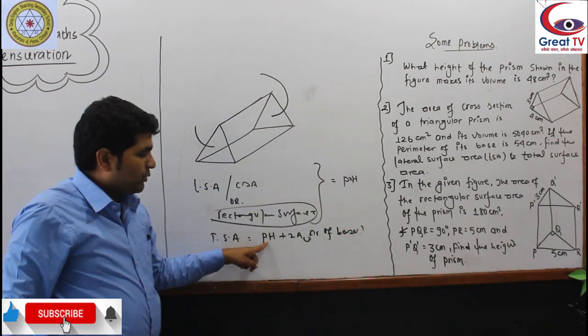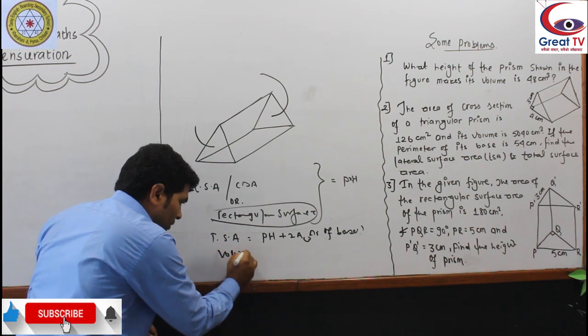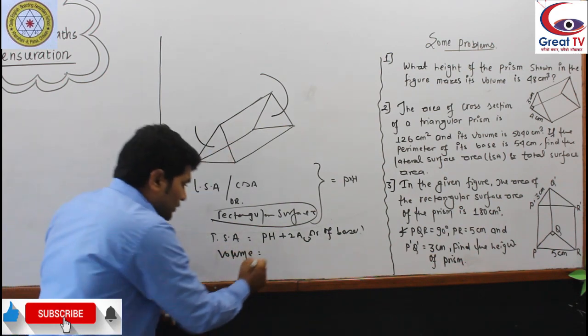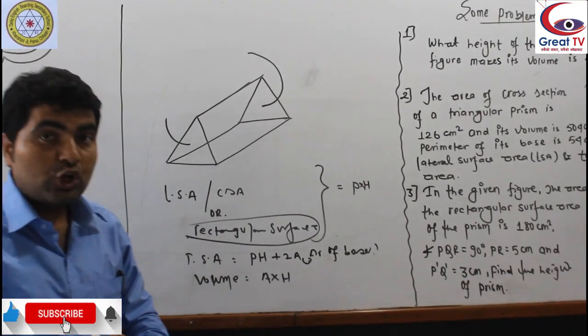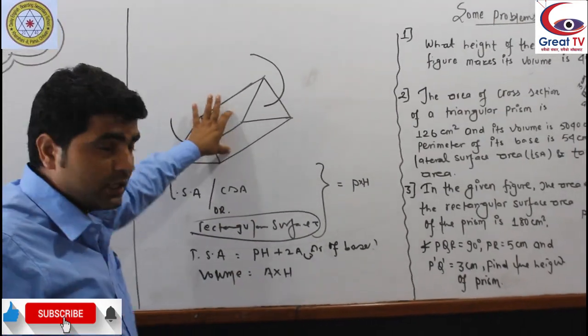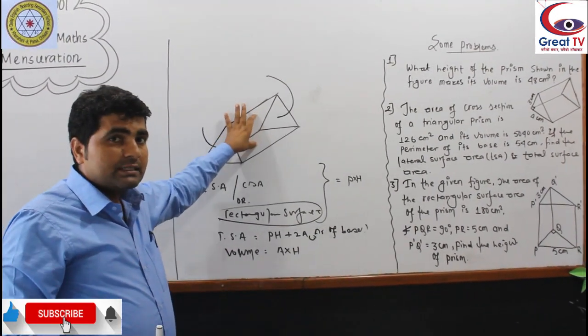So TSA equals Ph plus 2A. And volume of this prism equals area of base into height. These are the formulas to find the surface area and volume of this solid figure. The solid figure is a 3D figure. This one is a triangular base prism.